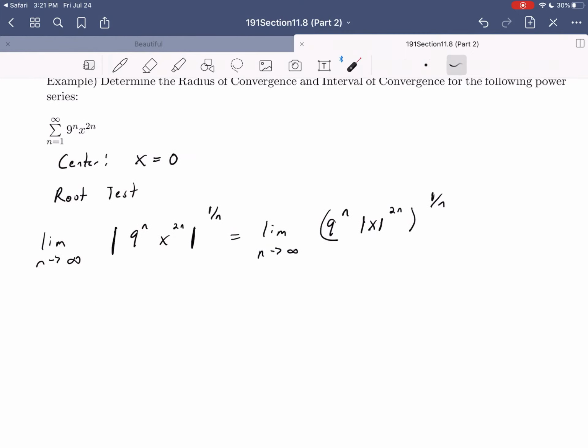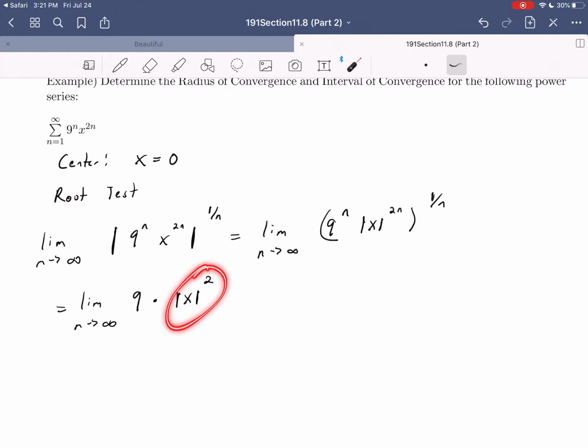Let's distribute this exponent onto both factors. We get the limit as n goes to infinity of 9 to the n to the 1 over n, so n times 1 over n, that's going to be a 9, and then absolute value x to the 2n to the 1 over n; multiplying those exponents, we get absolute value x squared.